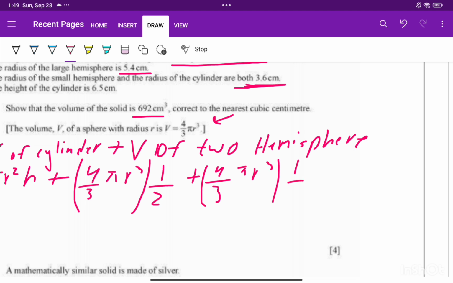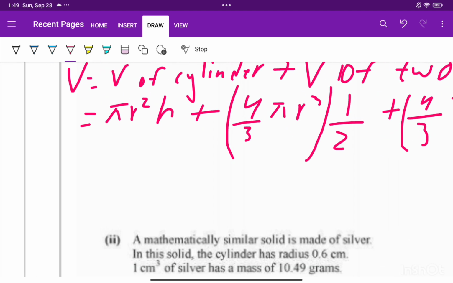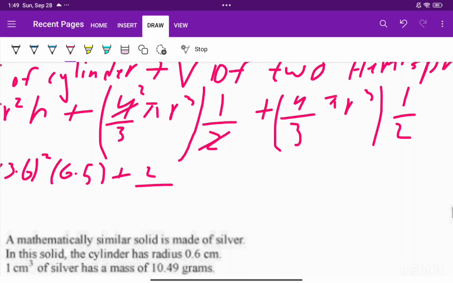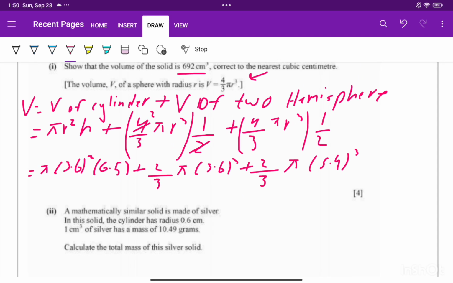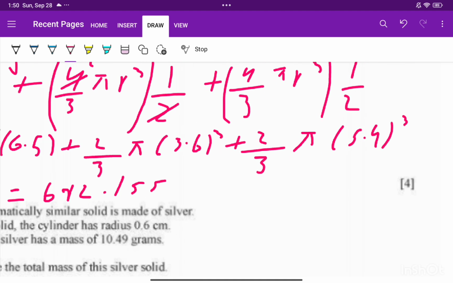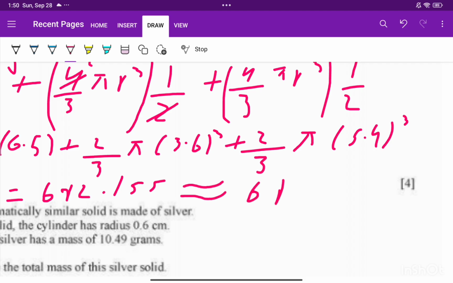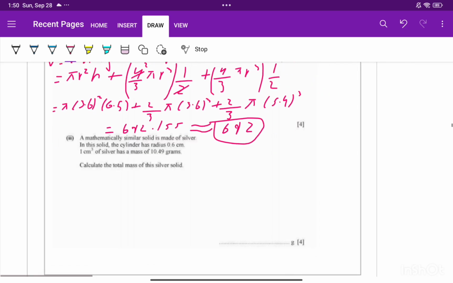So we can write pi times 3.6 squared times 6.5, plus 2 over 3 pi 3.6 cubed, plus 2 over 3 pi 5.4 cubed. So our answer will be 692.155. We need to give it to the nearest, that will be 692. This is our answer.